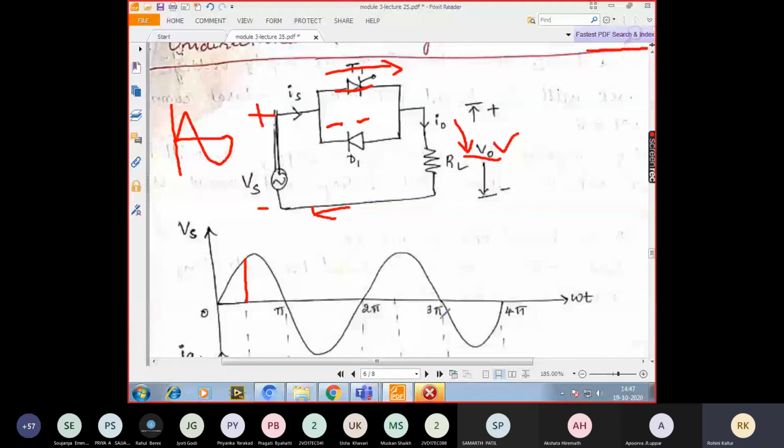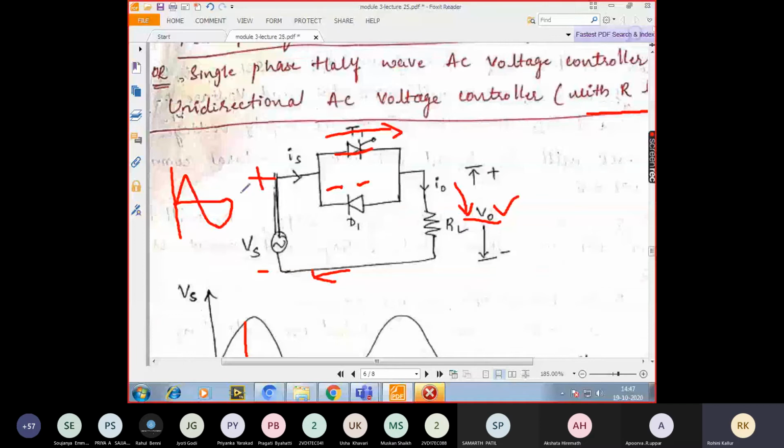During the negative half cycle, I have this as minus and plus. We know that due to natural commutation, the conducting SCR turns off on every zero crossing. That is what is called natural commutation.